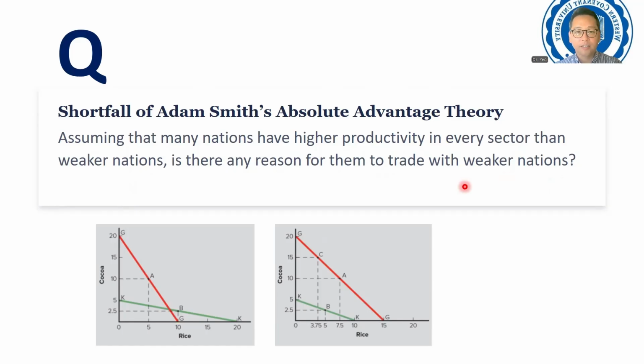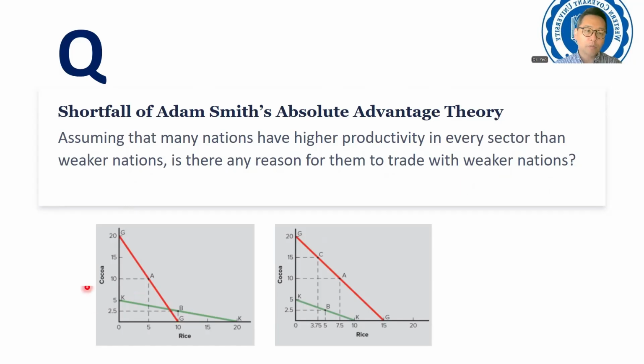Like in the Ghana and Korea case, Korea was more specialized in TV but less in cocoa, and Ghana was the opposite. But let's assume one country is better in every sector.